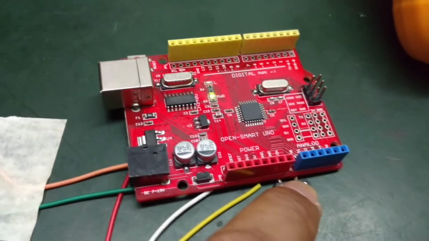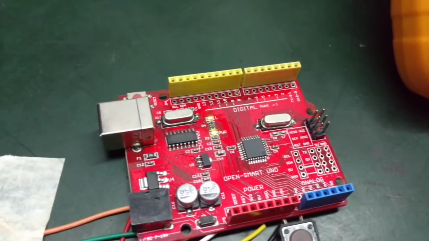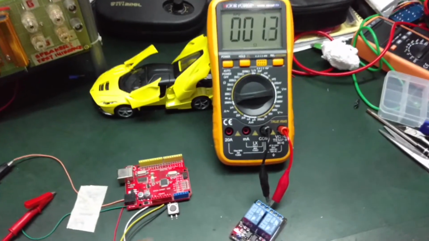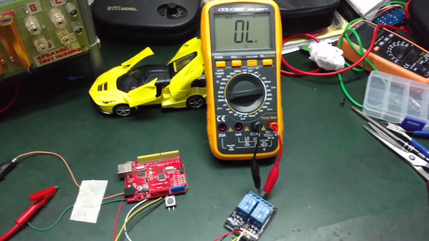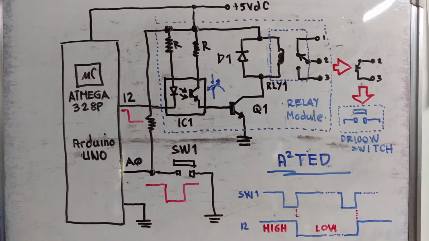Once I release the switch, it goes back to normal blinking and it turns on the relay. Press again, it turns off. Let me include the basic circuit diagram of the relay module to complete AATED episode 2.